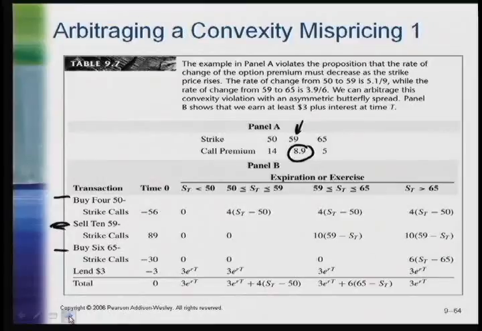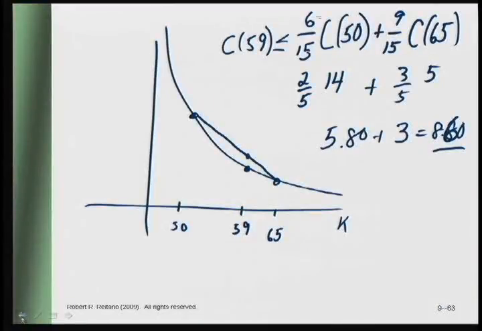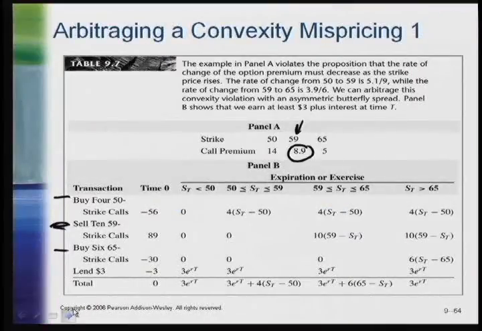The basic idea is that the number of contracts we sell and buy corresponds to the interpolations that we saw before. Namely, we want 6 of the 50 contracts, 9 of the 65 contracts, and we should sell 15.